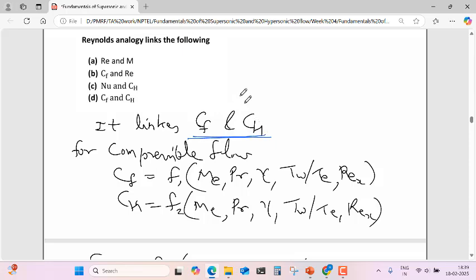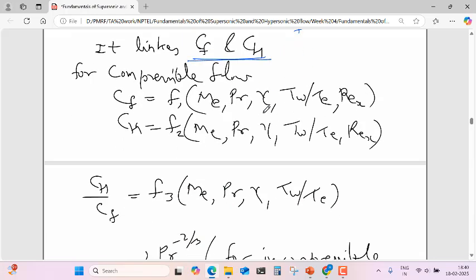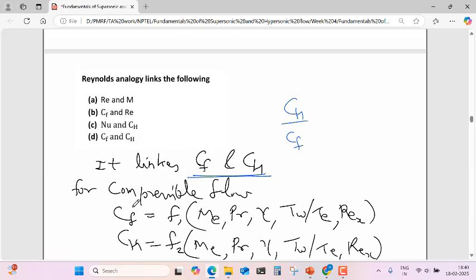It links the local skin friction coefficient and Stanton number, and you can say it is defined by the ratio of these two, CH upon CF. For compressible flow, CF is a function of Mach number, Prandtl number, gamma, wall temperature ratio, and Reynolds number.